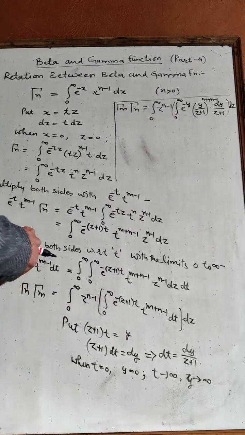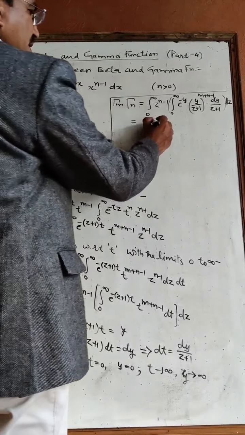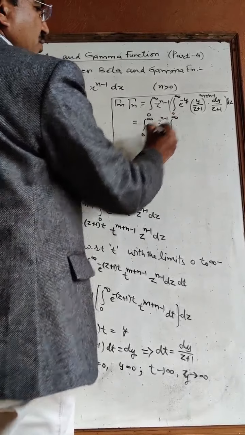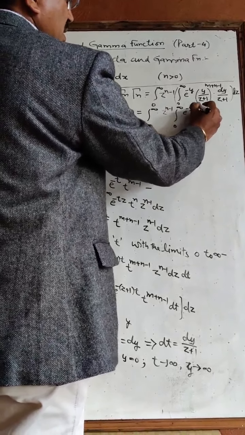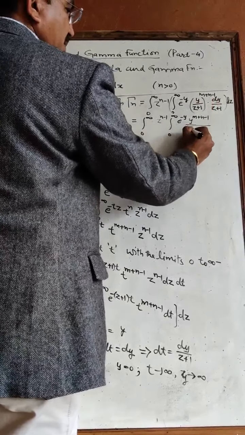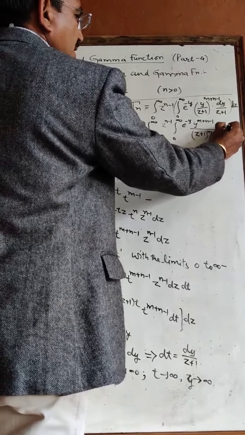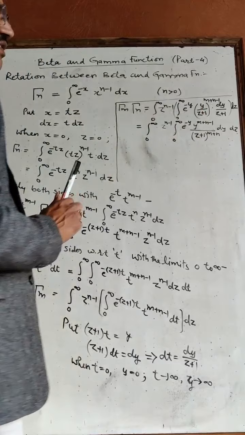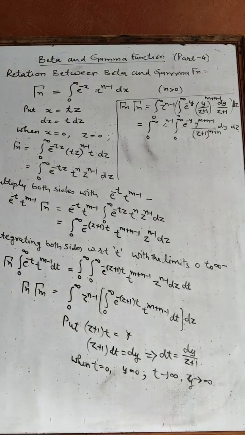When we substitute, we will get integral 0 to infinity z raised to the power n minus 1, integral 0 to infinity e raised to the power minus y, y raised to the power m plus n minus 1 over z plus 1 raised to the power m plus n, because here the power of z plus 1 was m plus n minus 1 and one power comes from here, so the total power of z plus 1 would be m plus n.